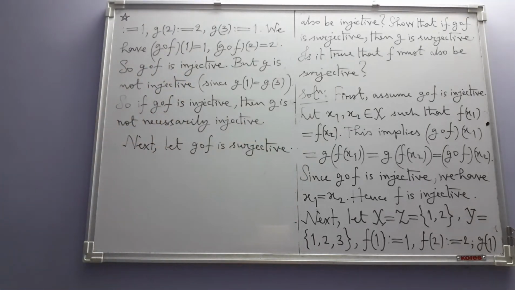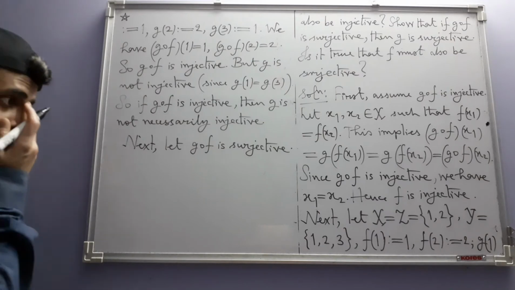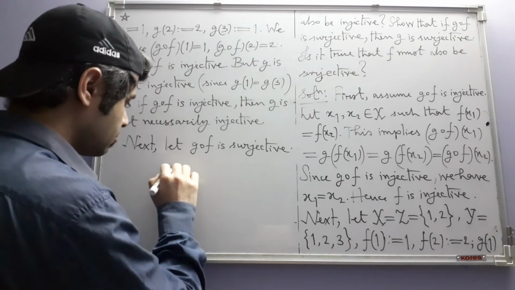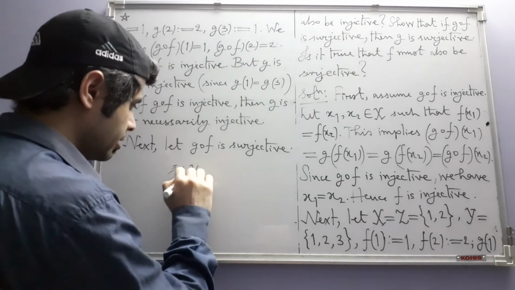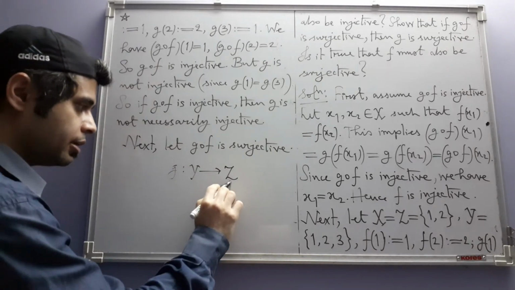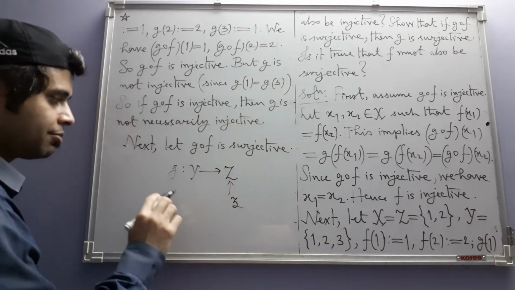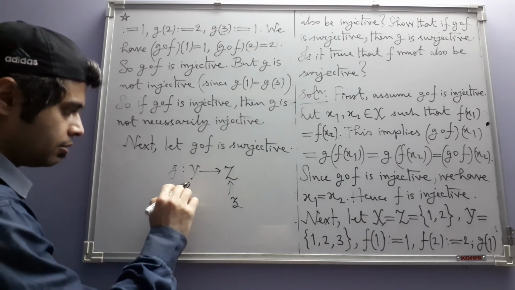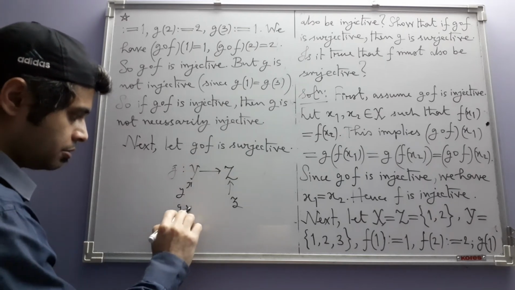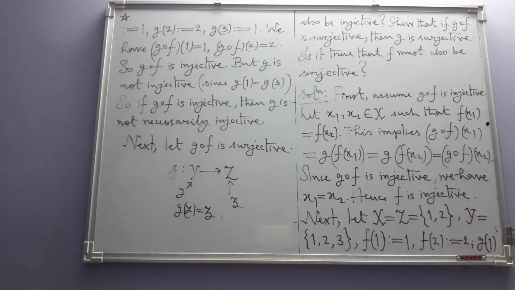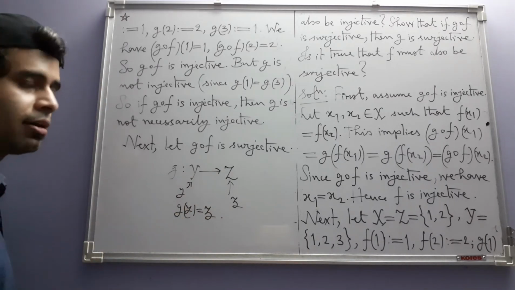We have to prove that G is surjective. That means we have to find, you see this is G, right? For any element here, we have to find an element Y in Y such that G of Y is equal to Z by the definition of surjectivity. That's what we have to show.